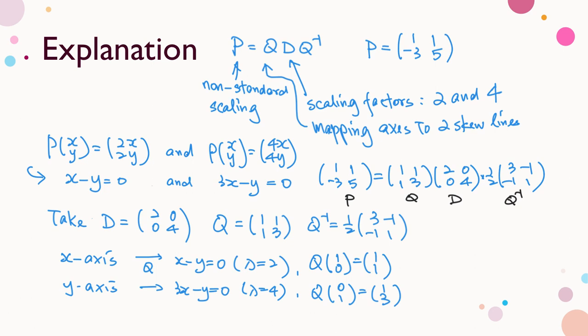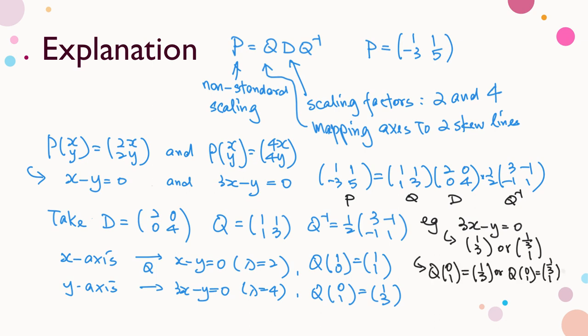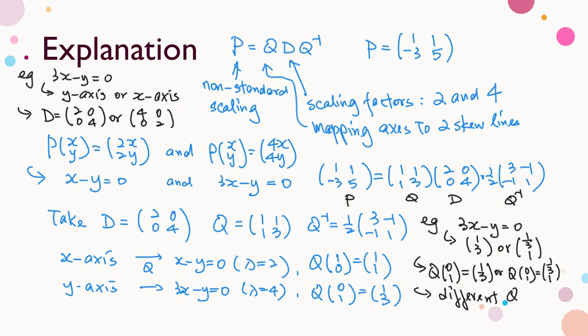For example, from the skewed line 3x minus y equals 0, 1, 3 or 1/3, 1 can be taken as the image of 0, 1, leading to different transformation Q. Also, 3x minus y equals 0 can be mapped to the y-axis or x-axis. Thus, the standard scaling can be changed accordingly. In other words, P can be decomposed in different ways.